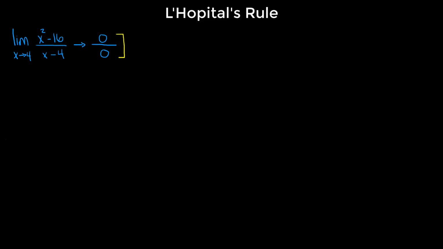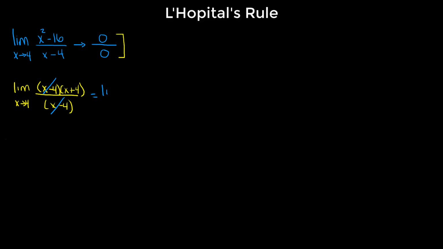And so what we looked to do was make some sort of simplification, because this limit was equivalent to the limit as x approaches 4. And what we did was simplify the numerator, noticing that it was a difference of squares, and we turned it into x minus 4 and x plus 4, and it's still all over x minus 4. Upon simplifying, the x minus 4's cancel out.